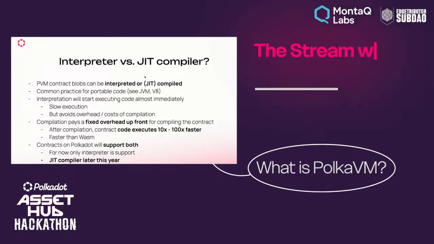But if you can also compile your contracts, yes, you pay a fixed upfront overhead, but after compilation, your code executes much faster. It executes in near native code speed, and with this I mean actually near native speed, as we'll see in some benchmarks. And contracts on Polkadot Hub will support both. We just start with the interpreter, and the JIT compiler will follow later.